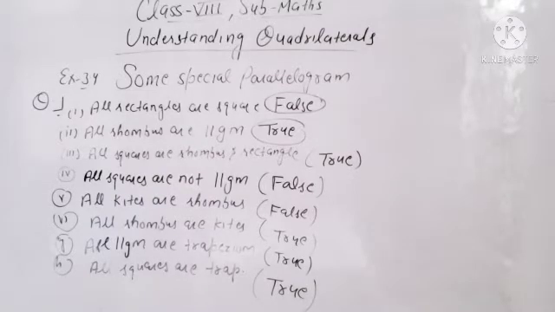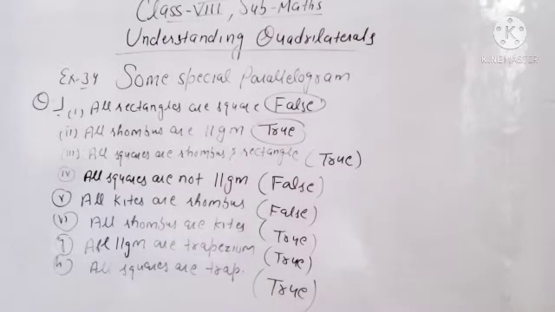So this is question number first. After that, question number second is given. Identify all the quadrilaterals. In the first question you have to state whether true or false.